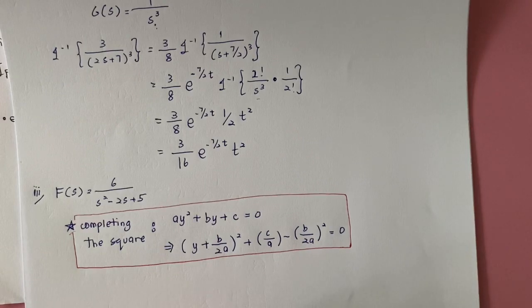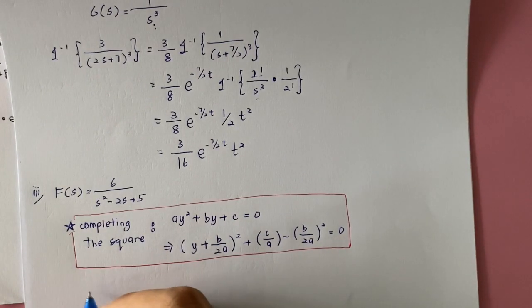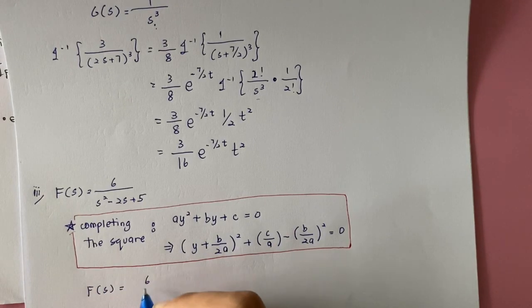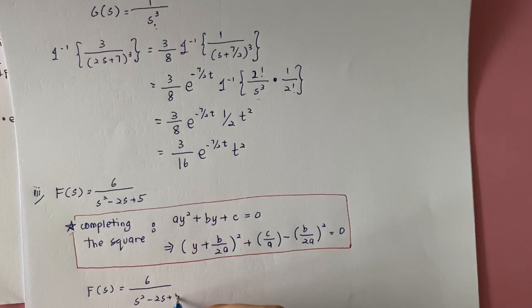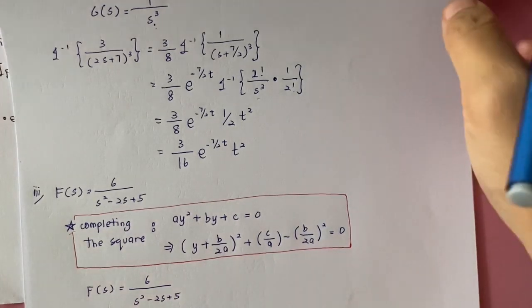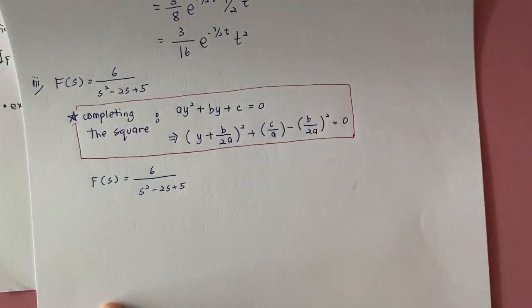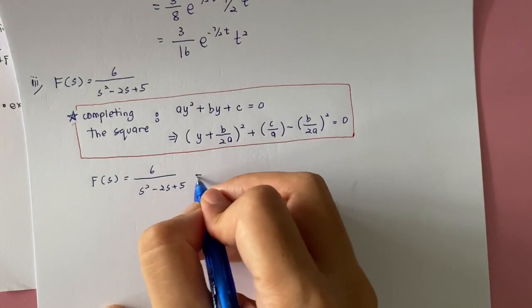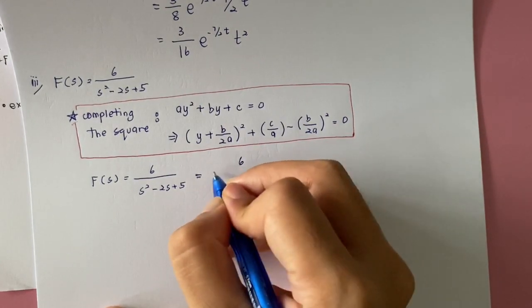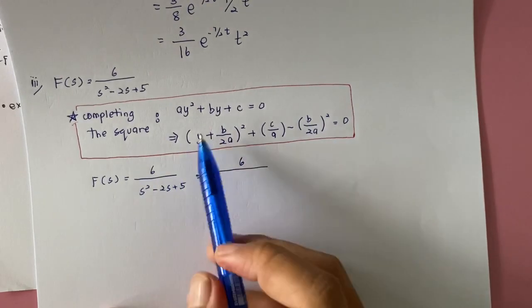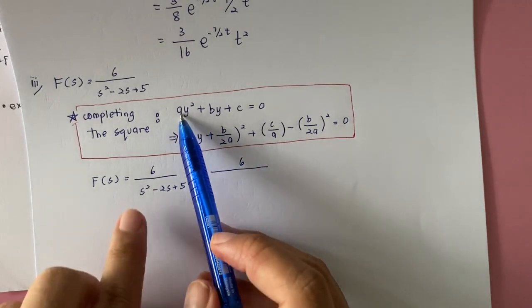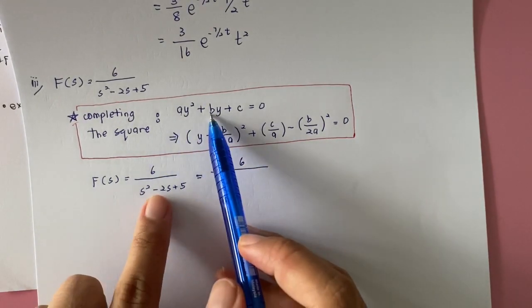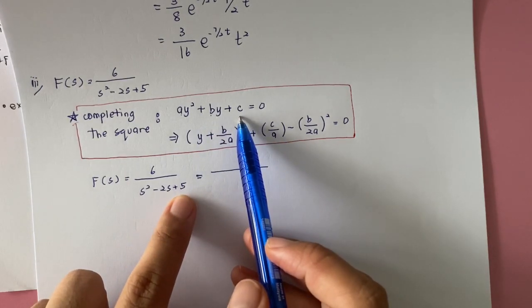Okay, so let's try this. You have your F(s) equal to 6 over s square minus 2s plus 5. So this one becomes, you have 6. What is your a? a is 1. b is minus 2. And c is 5.